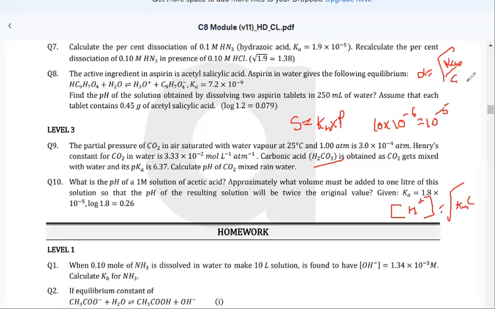Okay. So if you calculate this, right? So root will not be very less than 1. Yes or no? Tell me, everyone.